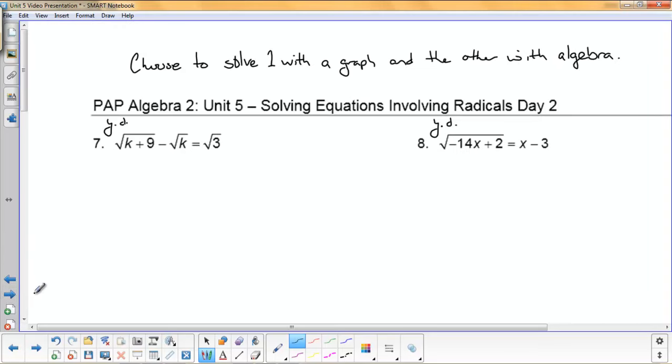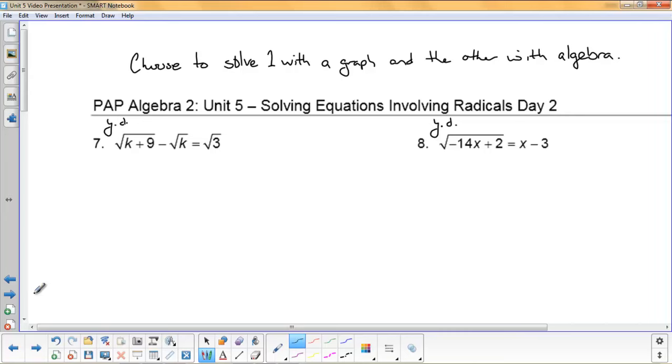All right, the last two problems, 7 and 8, will be for you to solve on your own. You may choose to do one in the graphing calculator and do the other using the algebraic method. If you are showing your work using a graph, then I'd like you to actually specifically draw the graph and show the intersection of those two lines, two curves, and how you found that solution.